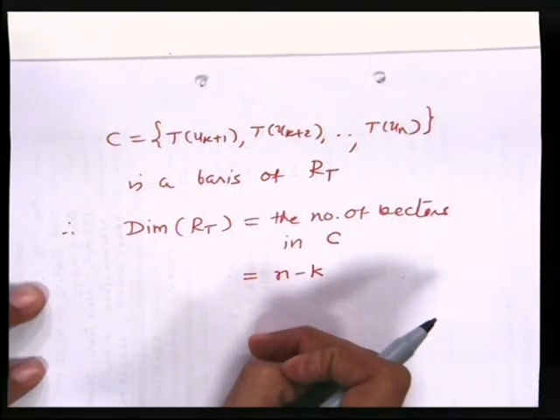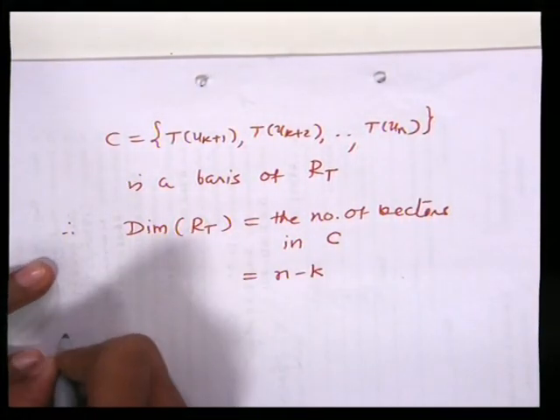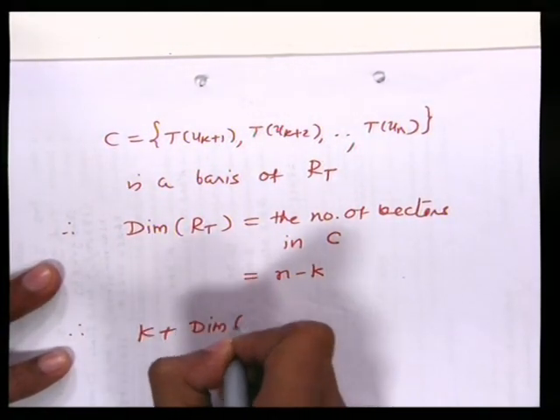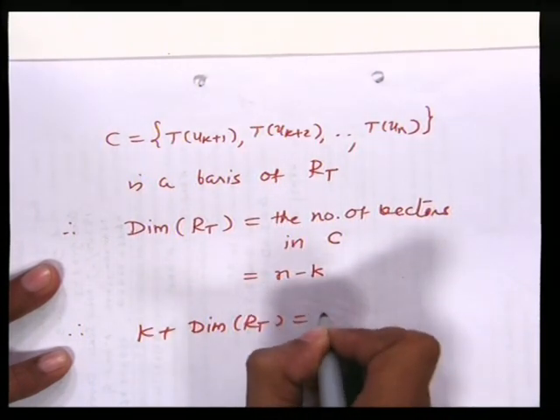So n minus k vectors. Therefore we can write k plus dimension of RT is equal to n.